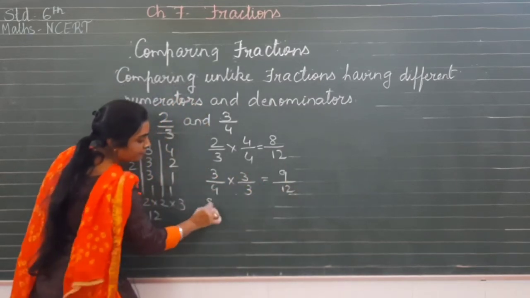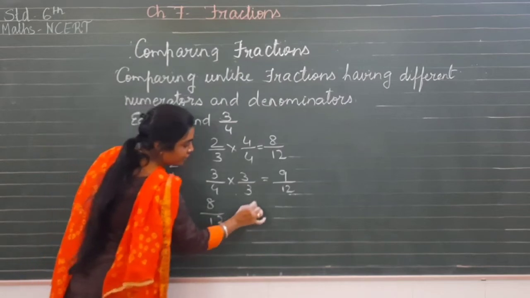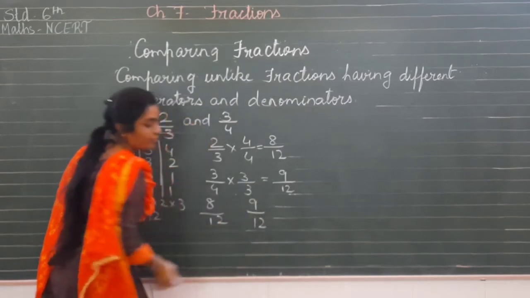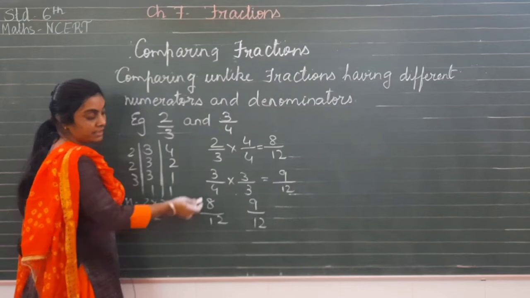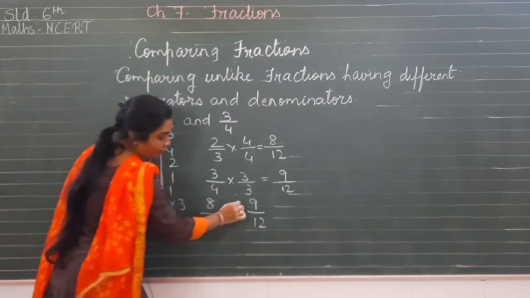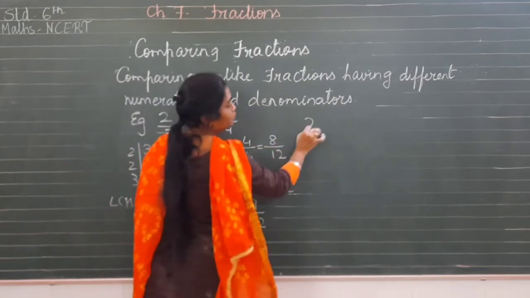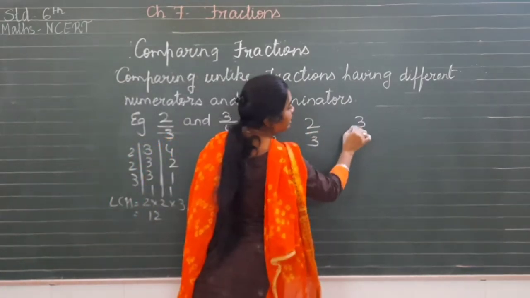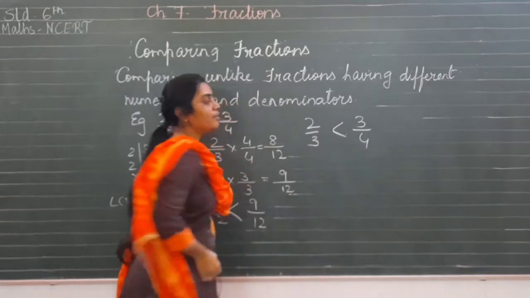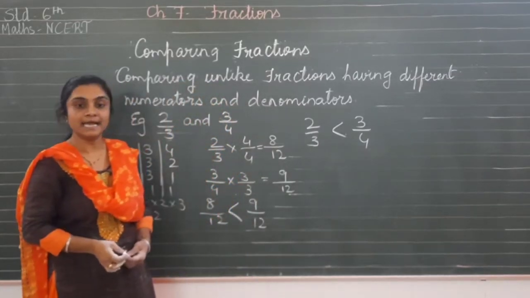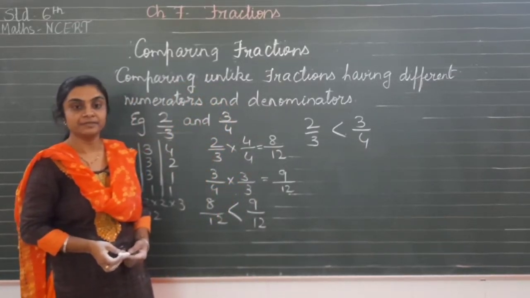So this has been converted into like fractions. Now we can compare the like fractions: the numerator which is greater. So here 9 upon 12 is greater. So from 2 upon 3 and 3 upon 4, 3 upon 4 is the greater fraction.